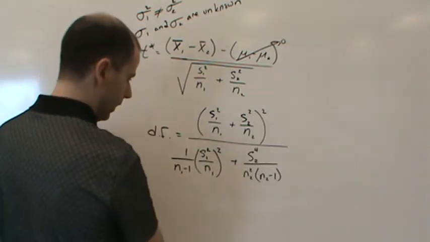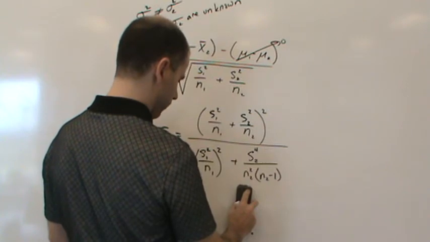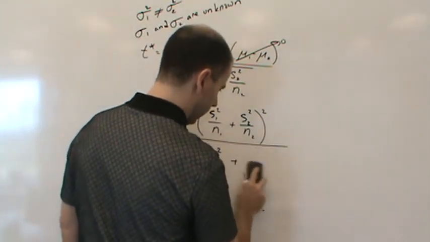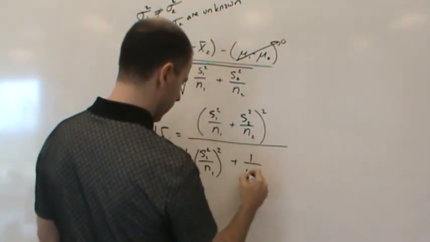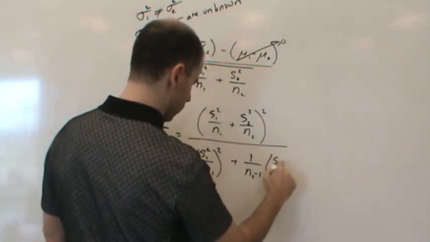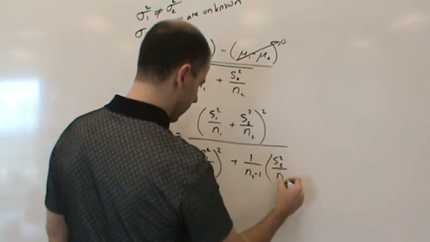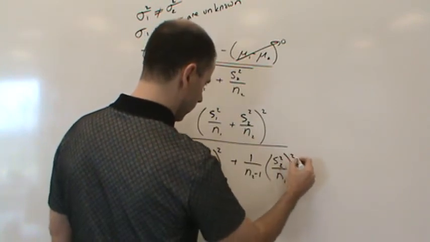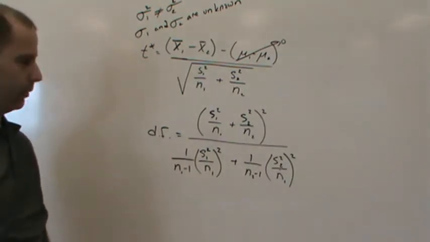And then I can also rewrite this one the same way. So it's going to be 1 over N2 minus 1 times S2 squared over N2 quantity squared. So again, that's another way of writing it. Same thing, same formula.